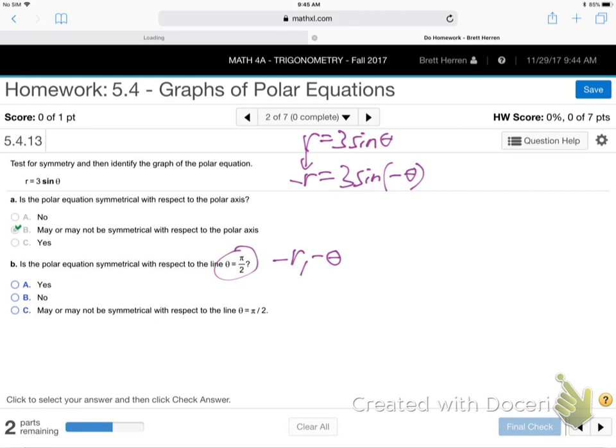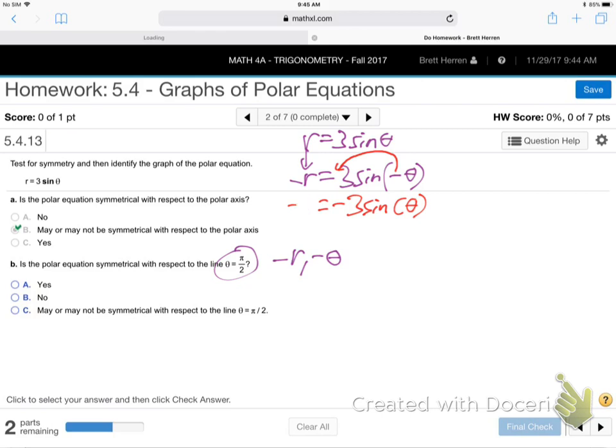All right, so now what's going to happen? I plugged in negative r for r. I plugged in negative theta for theta. And then I'm supposed to simplify. How does this simplify? What does that negative always do? For sine anyway, it comes to the front. For cosine, it vanishes. So like that. That good? And now what do you do?